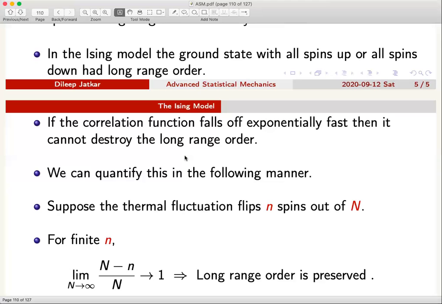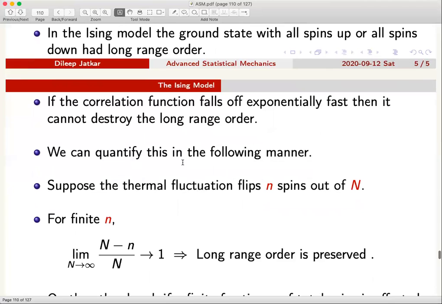So the point is that if the thermal fluctuation is flipping a small n number of spins, and small n is a finite number, then in the thermodynamic limit, that means capital N going to infinity, capital N minus small n upon capital N essentially goes to 1. If that is the case, then you would say that the system has long range order.